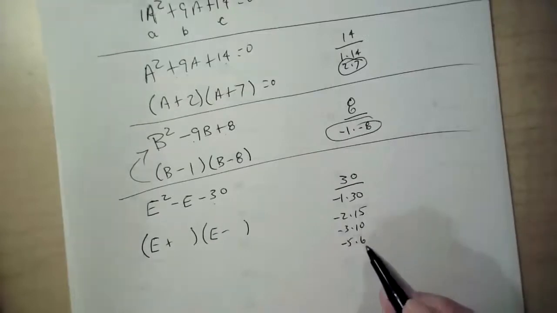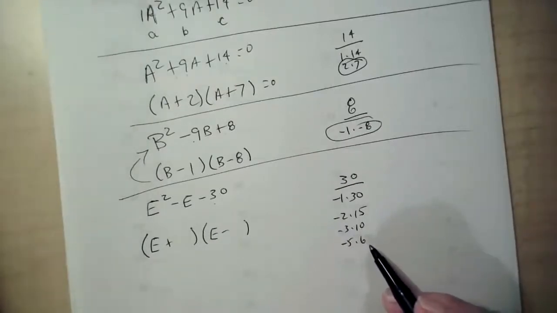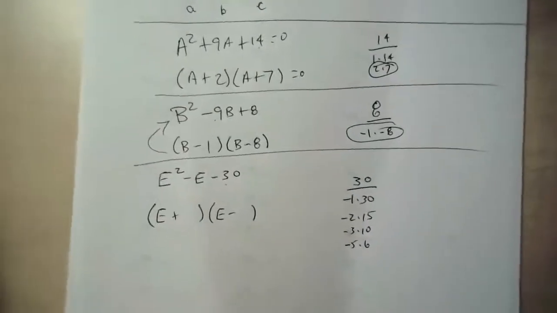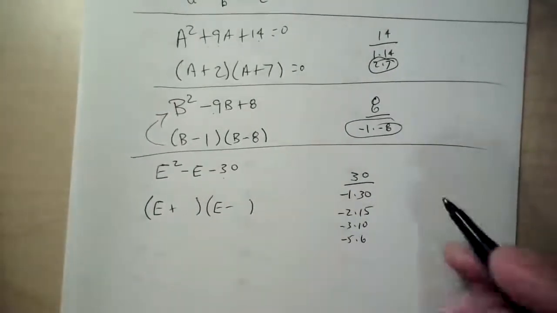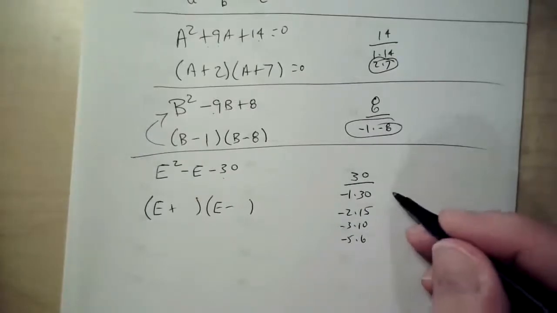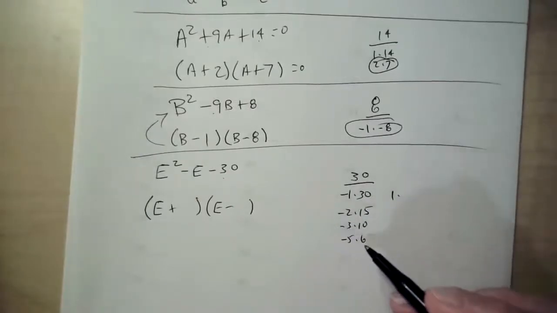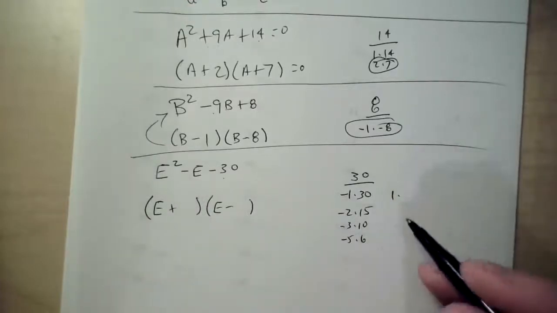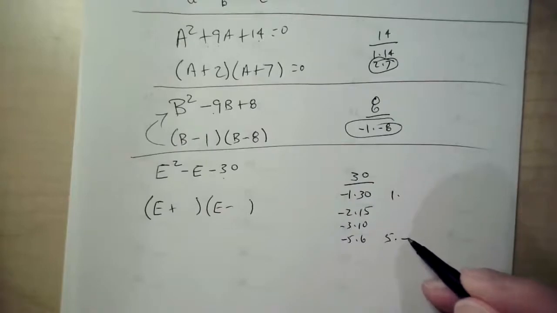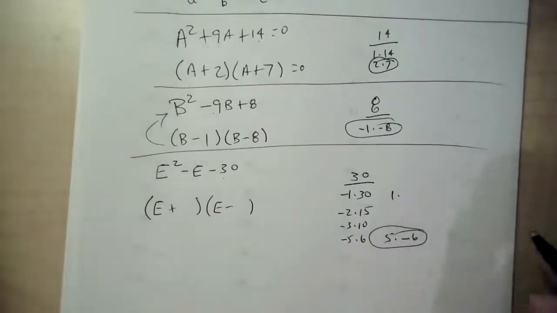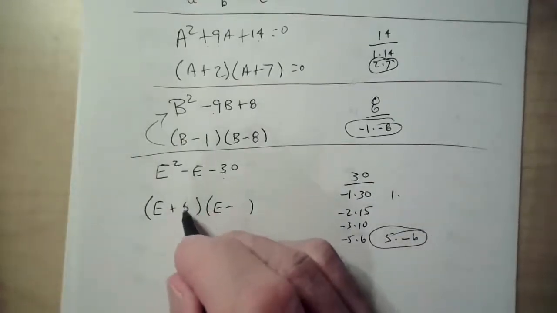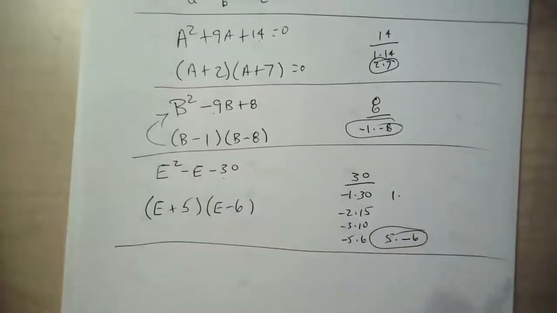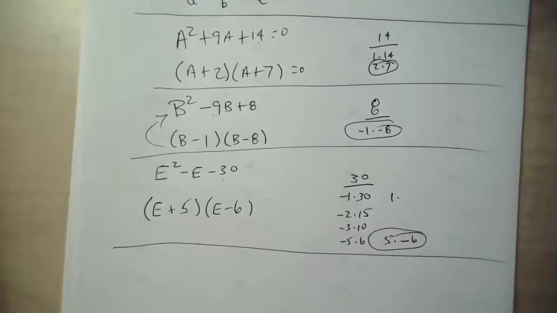Once these numbers are equal or similar to each other, we need not go any further. Or we could have the opposites of this. None of these add up to -1. It's going to be this one, right? 5 times -6. The positive number is 5, the negative number is 6. Okay.